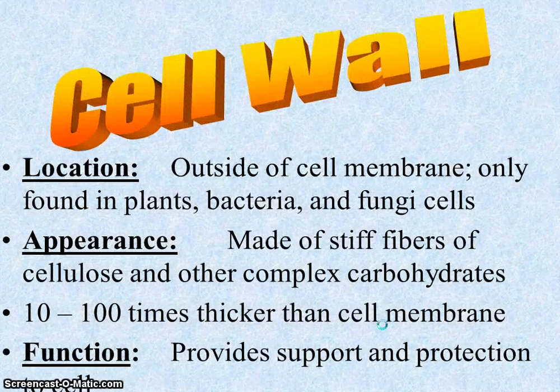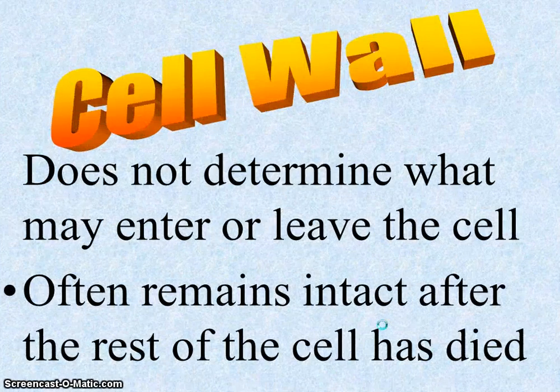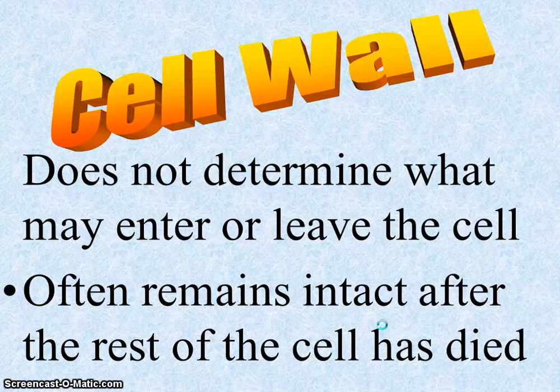Now, cell wall is only found in plants, bacteria, and fungus. Okay, it does not determine what can enter and leave. It is going to provide support and protection. So it's outside of the cell membrane. Okay, and it is going to be very stiff. All right, it does not determine what can enter or leave, and it does remain intact once the cell dies, so it does not disintegrate.